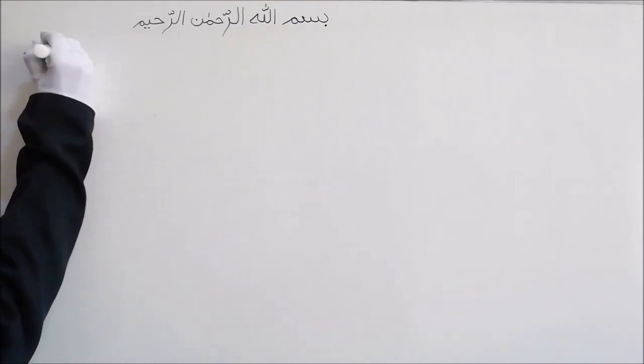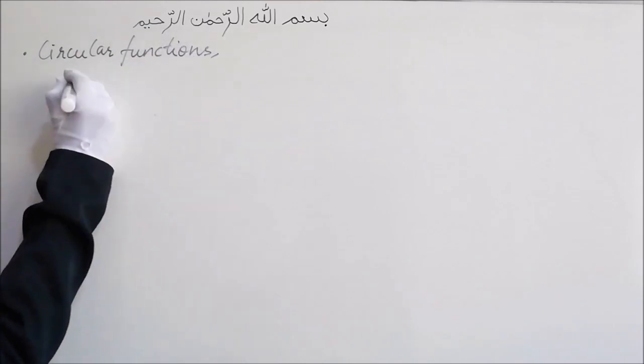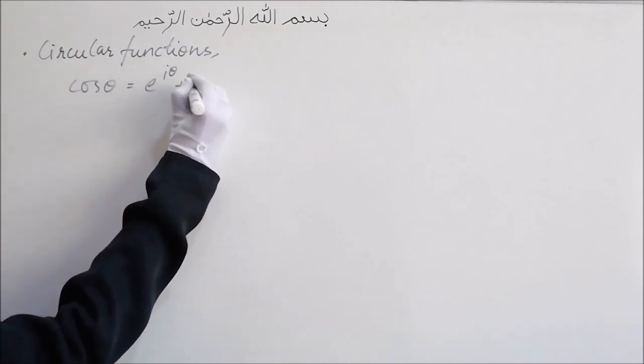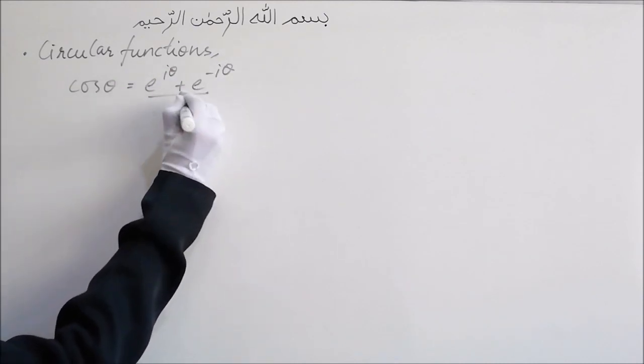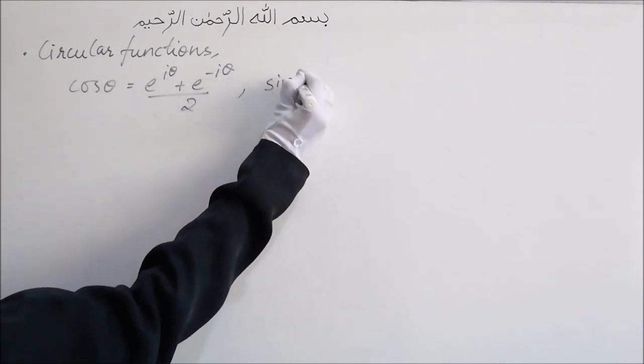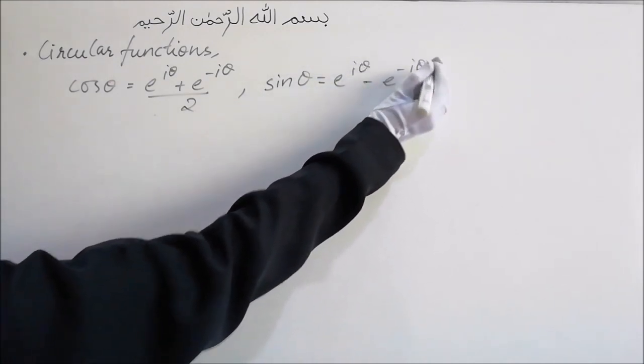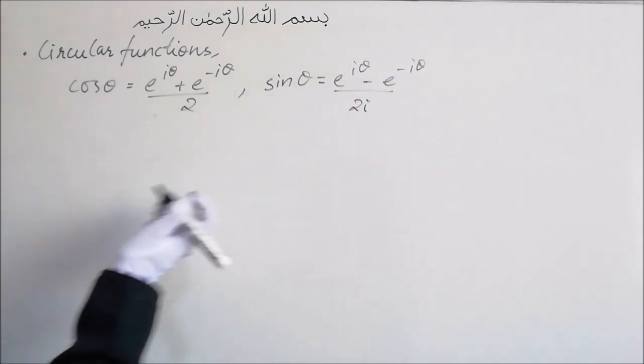Circular functions are cos theta is equal to e raised to i theta plus e raised to minus i theta divided by 2, and sin theta is equal to e raised to i theta minus e raised to minus i theta divided by 2i.